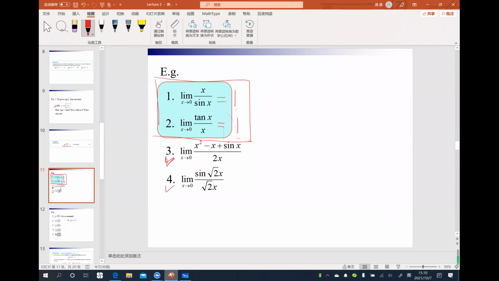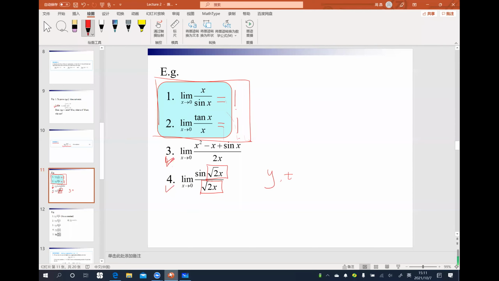So here we can find that square root of 2x, square root of 2x, they are the same, right? So here we can let another letter, maybe y or letter t. Any letter is okay.